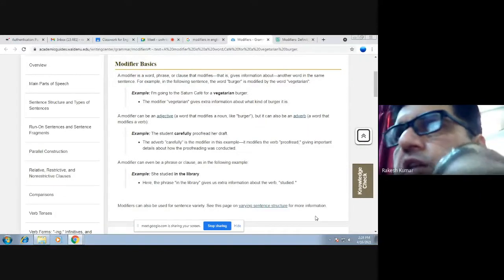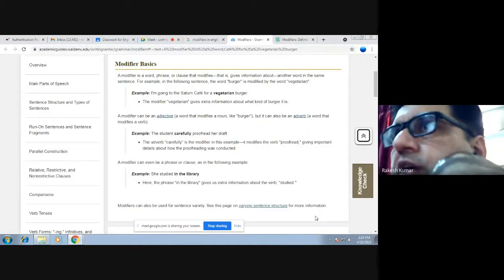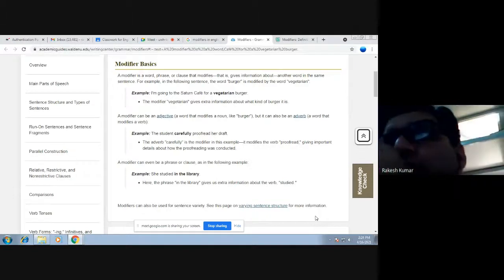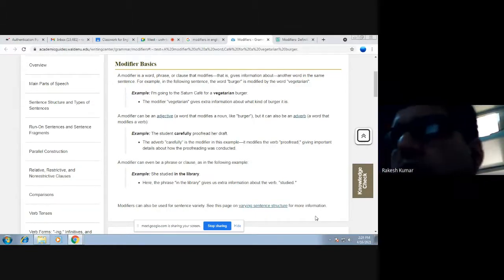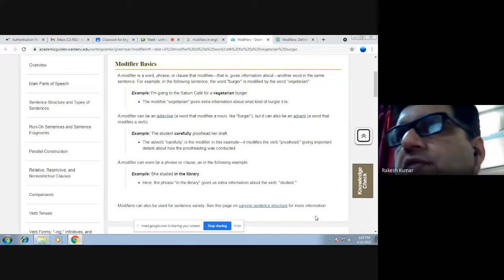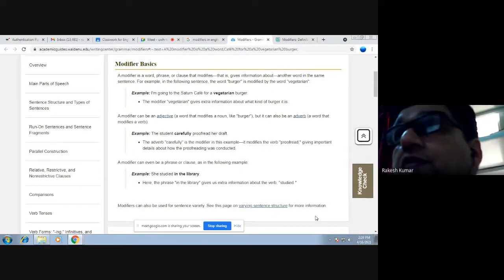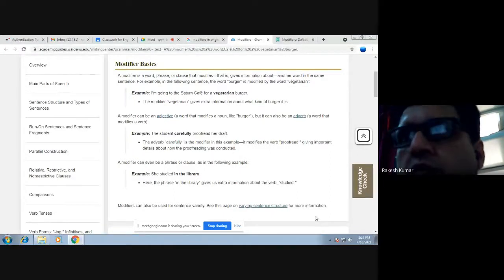Here, "carefully" is a modifier that enhances the meaning. If we say "the student proofread her draft" and "the student carefully proofread her draft," the proofreading is the same, but when you use "carefully," it emphasizes that the person is very careful and attentive in doing the job.